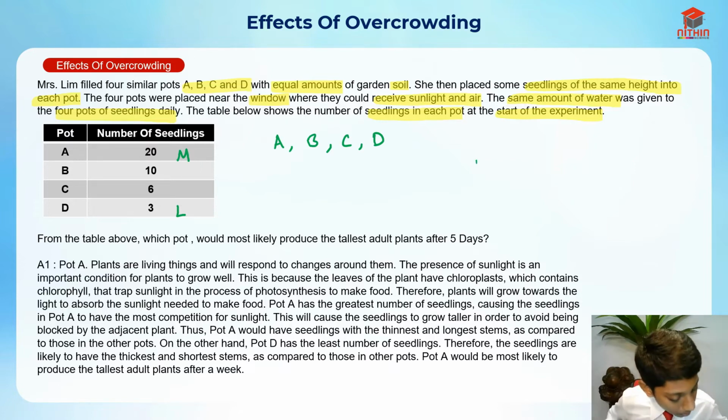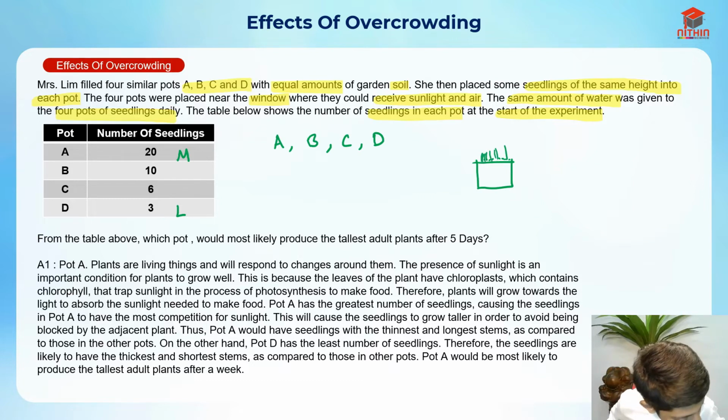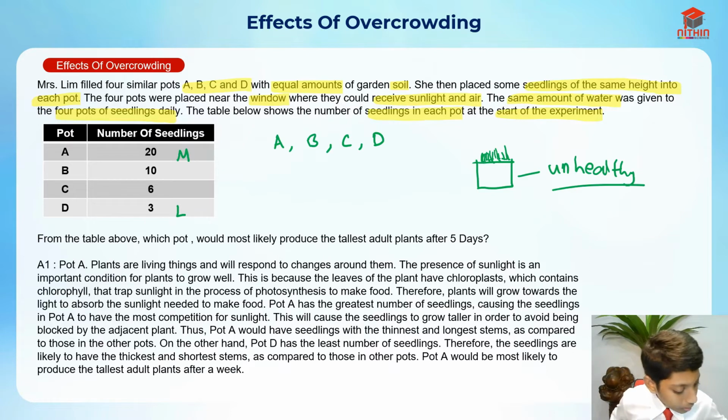So imagine there's a pot. Imagine just 20 seedlings over here. There's like a lot of overcrowding, right? So this is very unhealthy for the plants. Okay, and imagine another pot with just maybe 3, yeah, like pot D, okay, with just 3 seedlings, and there's a lot of space between each other, and this is healthy.